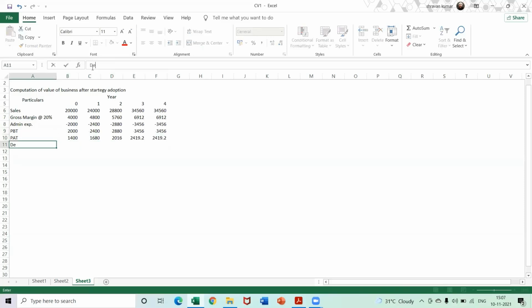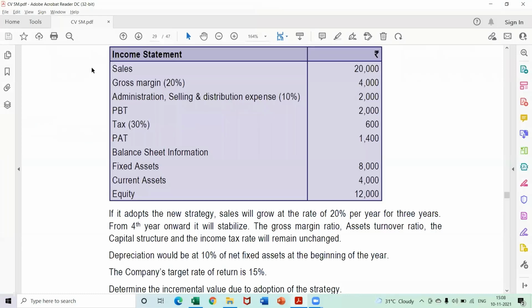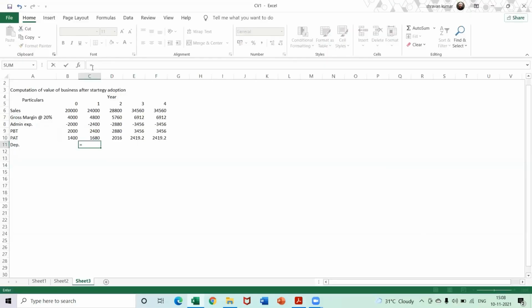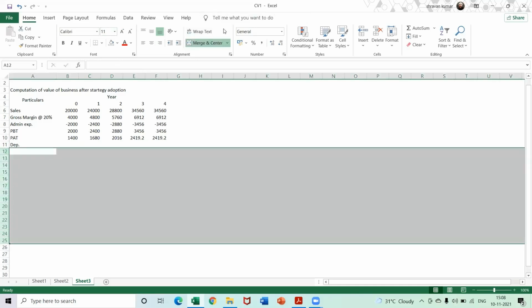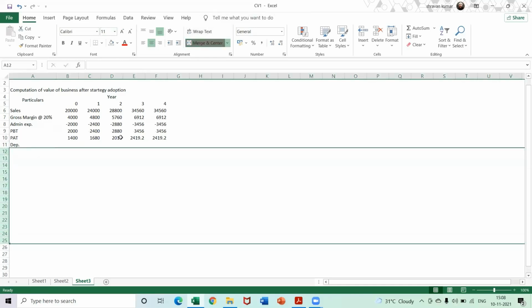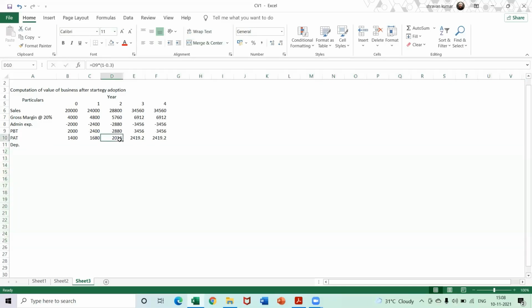Now you have to add depreciation. What is depreciation? Depreciation is 10% on net fixed assets at the beginning of the year. So for this, we'll actually create a working note below.